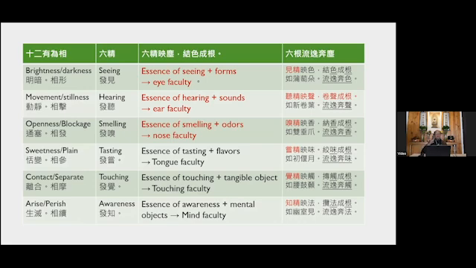So where there is darkness and brightness, form appears, and then, oh, I see something. So that's the process: the essence of seeing plus form, and then our eye faculty aggregates.